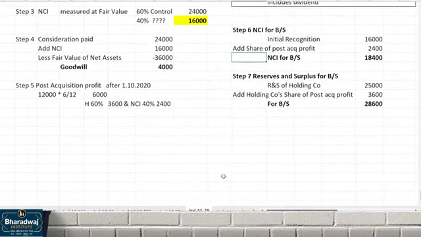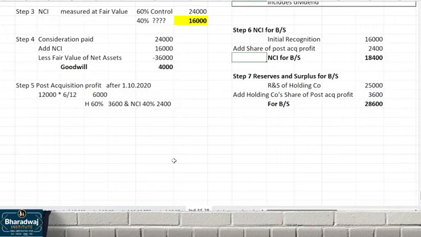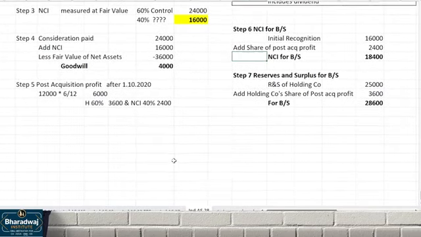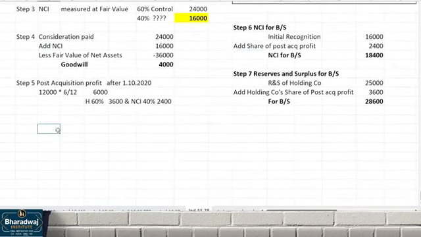Shall we start? Consolidated balance sheet. First, I will make the mistake, then I will correct it.